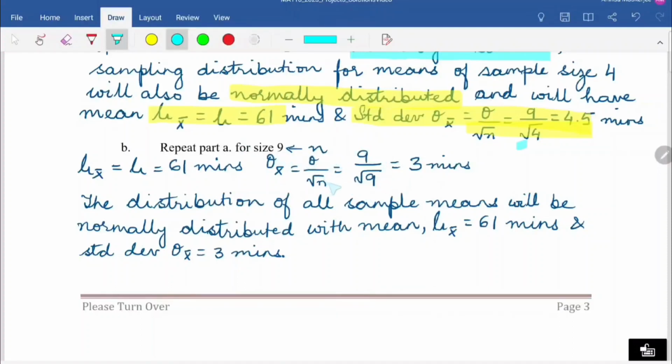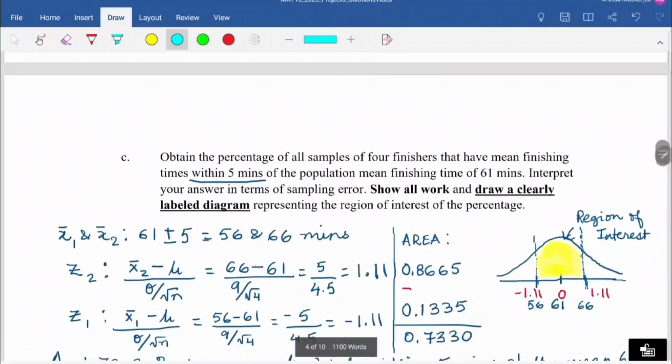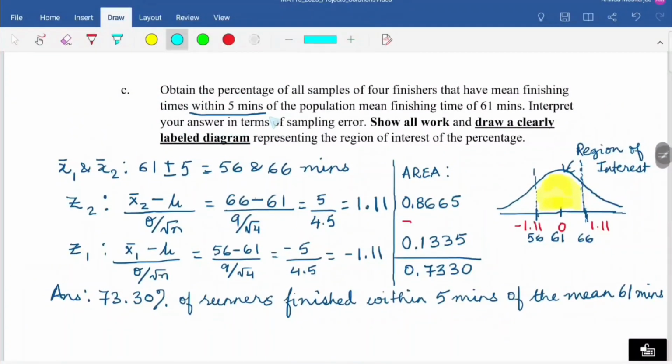So sigma divided by square root of n: 9 divided by square root of 9 is 9 divided by 3, so 3 minutes. So write it as a sentence. The distribution of all sample means will be normally distributed with a mean of 61 minutes and standard deviation of 3 minutes.